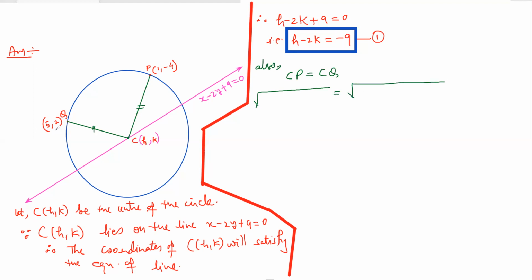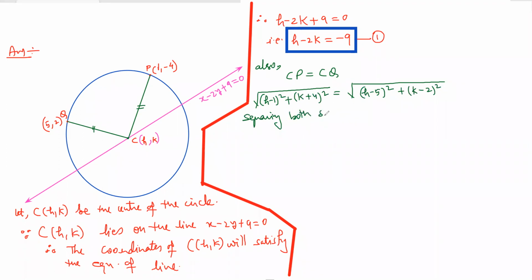So here, (h minus 1) the whole square, the difference of x coordinates, plus (k minus of minus 4), that is (k plus 4) the whole square, equals (h minus 5) the whole square plus (k minus 2) the whole square, squaring both sides.